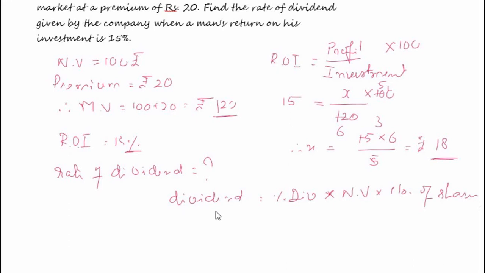Here number of shares is just 1. Now dividend we got is rupees 18. That is equal to percentage dividend. We don't know. Let us take it as Y. Y divided by 100. Percentage means you have to put 100 here below, into NV. What is NV? Nominal value 100. 100 and 100 cancel. So Y equal to 18%. So dividend percentage is 18.